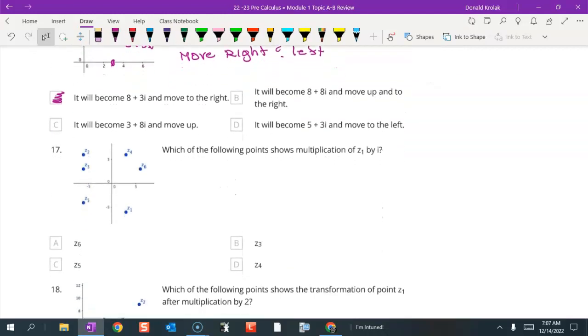Okay, which of the following is a multiplication of z1 by i? Okay, so here's z1. So when I multiply by i, that's 90 degrees counterclockwise. So it's going to move to z6.